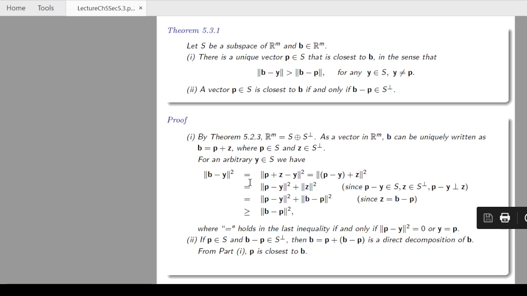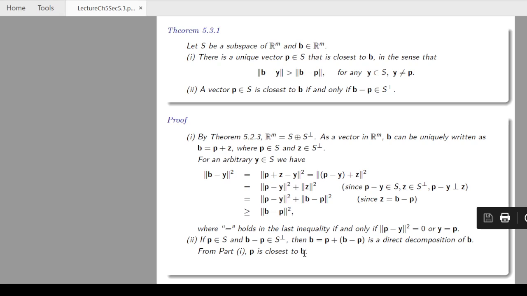If you take a look at this form, you can say B equals P, just like what we had earlier, plus Z. Precisely, Z is B minus P, because B minus P belongs to the orthogonal complement of S. Z equals B minus P because that decomposition is unique, so this is true, and in this way we say P is closest to B.